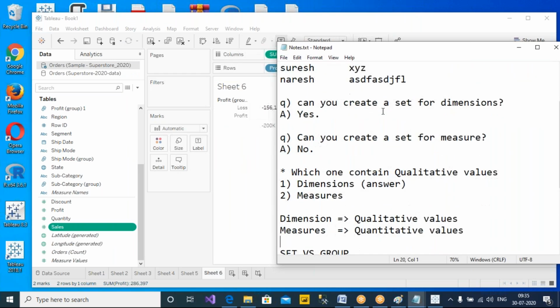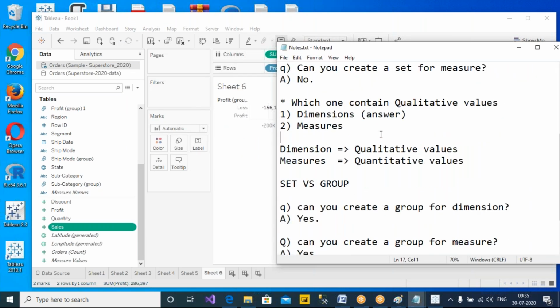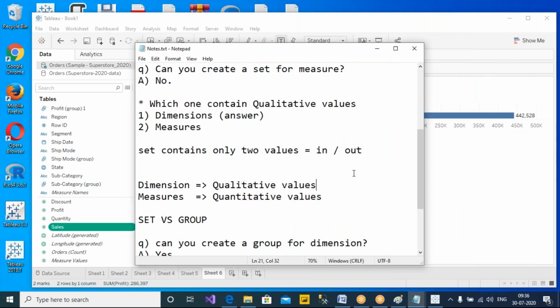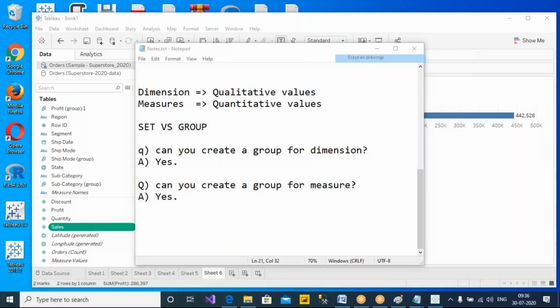If you observe carefully, the set contains only two values. What are they? In and out. I don't have any other option. So maybe I can call this one group and this another group. Yes, you can definitely call that. But what about the groups? I can have n number of values in the groups. I can have 1, 2, 3, 4.